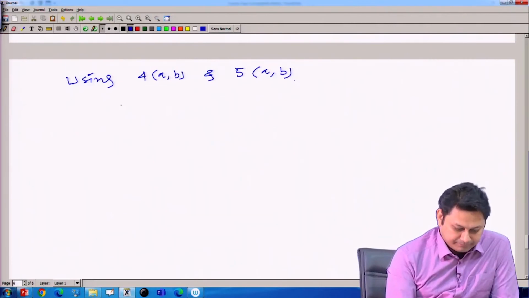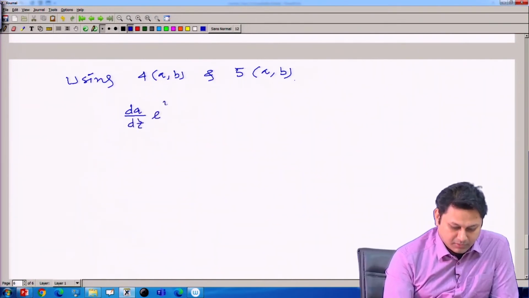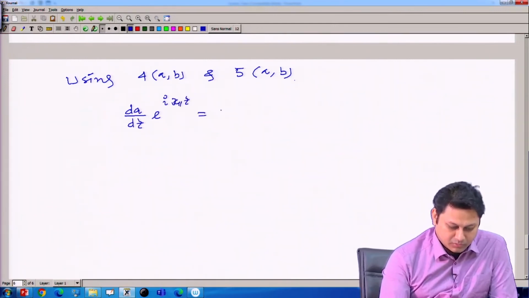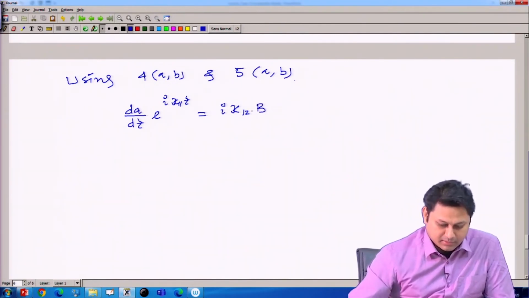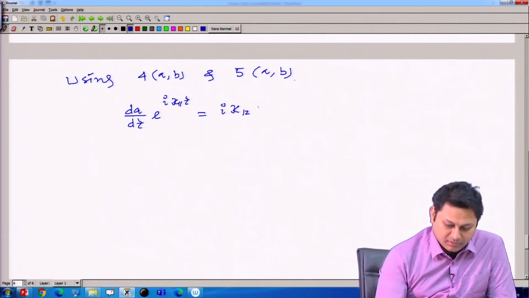we can have something like dA/dz e to the power of i kappa 11 z is equal to i kappa 12. Then B, I can write this B as, okay, let me write the total term.